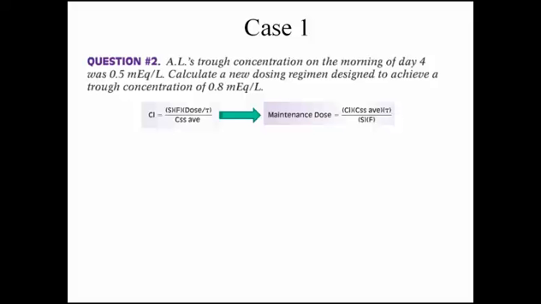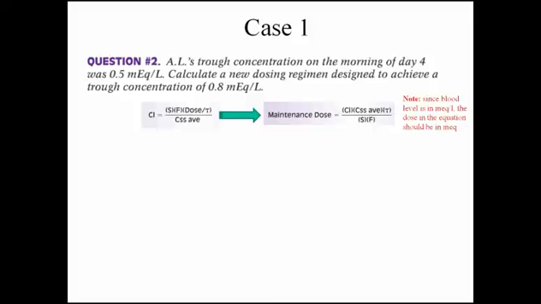In this situation, we're going to use the current dose and level to calculate the patient clearance. Then we're going to use this clearance in the equations that we used earlier to calculate a new maintenance dose. The CSS average obtained here is the 0.5. The CSS average here is the goal of 0.8. Okay? So let's see what we can do with this data.